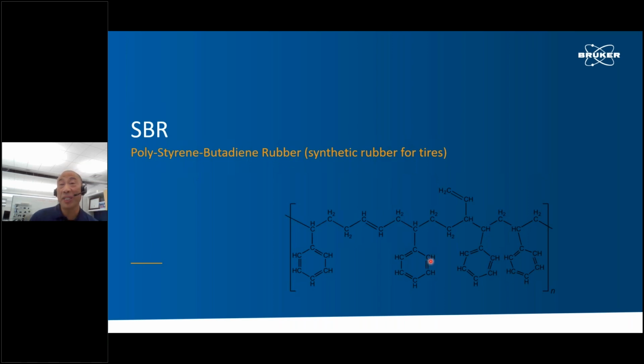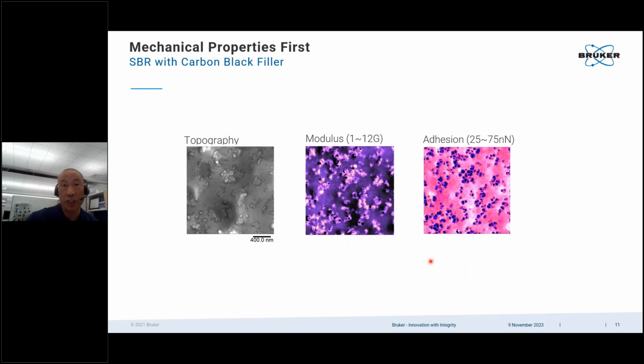This rubber is used for car tires and accounts for close to 50% of car tires. Now let's take an AFM image and also use PeakForce QNM. We can see the modulus distribution there.